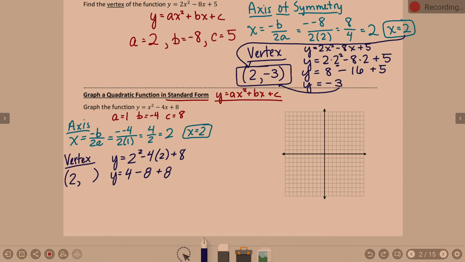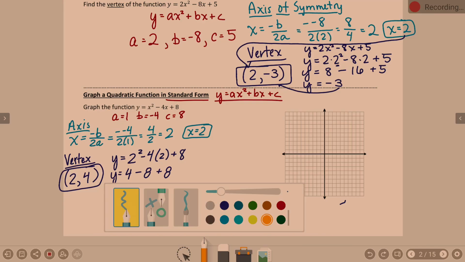Well, minus 8 plus 8 is going to be 0, so we're left with 4. Okay? So we have a vertex of 2, 4. Okay? I didn't draw the lines that time.